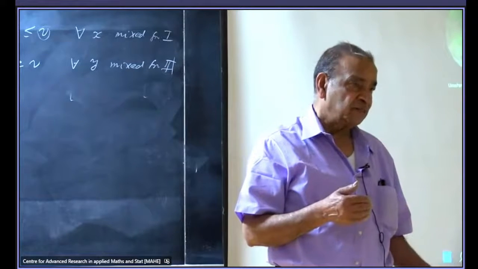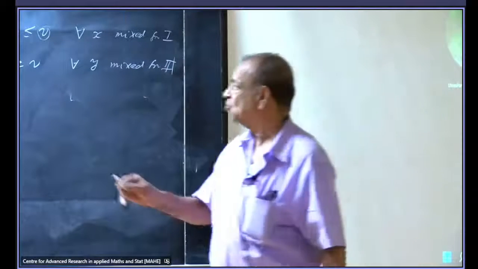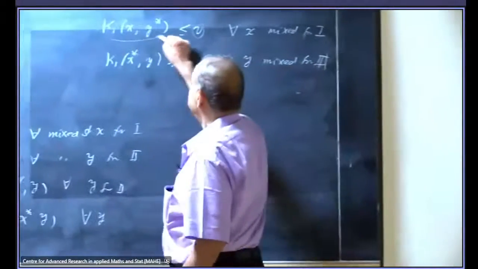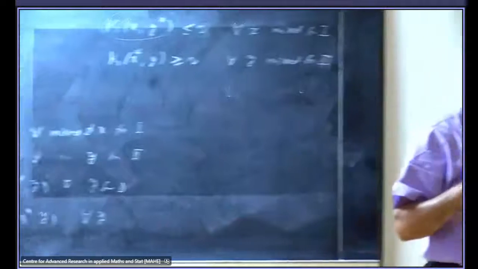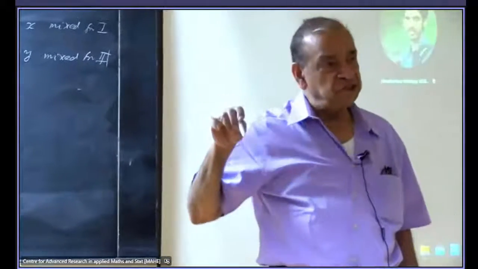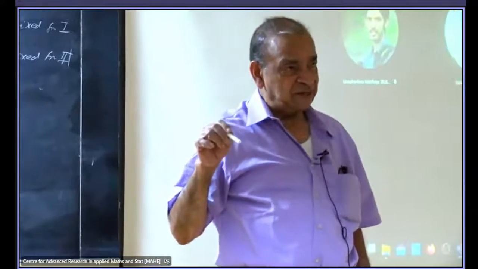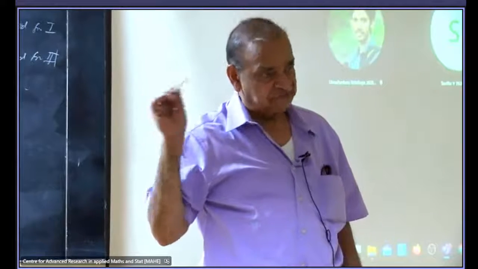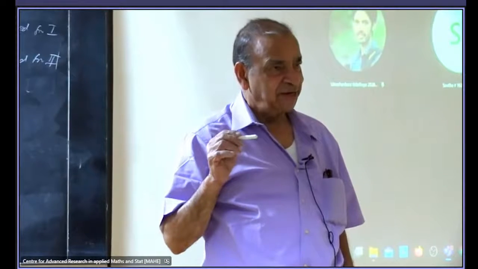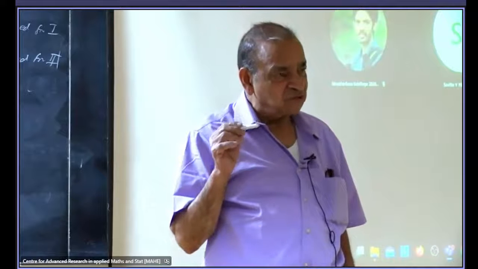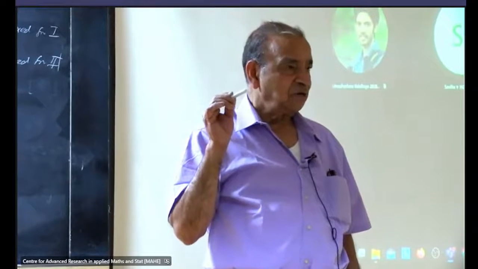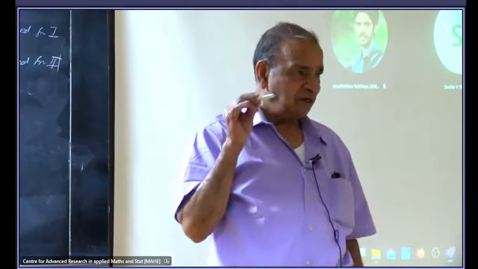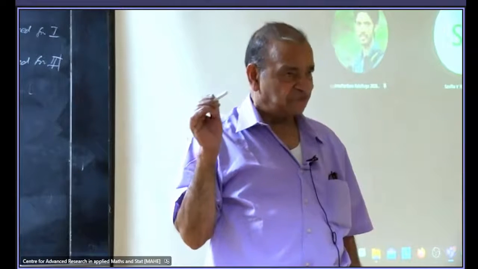Whatever player 1 does, all he can get is only so much, and player 2 makes sure it is no more than B. So this Y star guarantees the loss of player 2 is at most B.